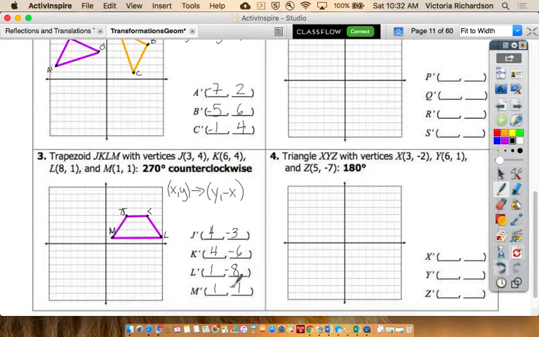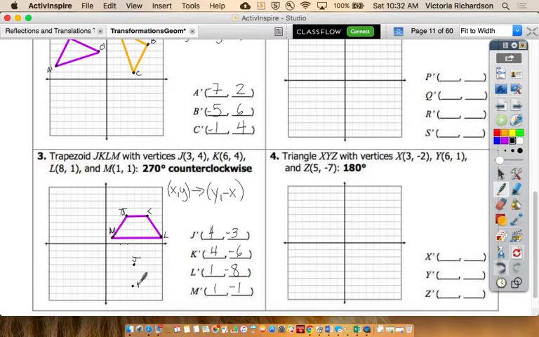Now I graph my new points. So I have positive 4, negative 3. So that's 1, 2, 3, 4. 1, 2, 3. Make a point, and that is J prime. Then I have 4, negative 6. 1, 2, 3, 4. 1, 2, 3, 4, 5, 6.